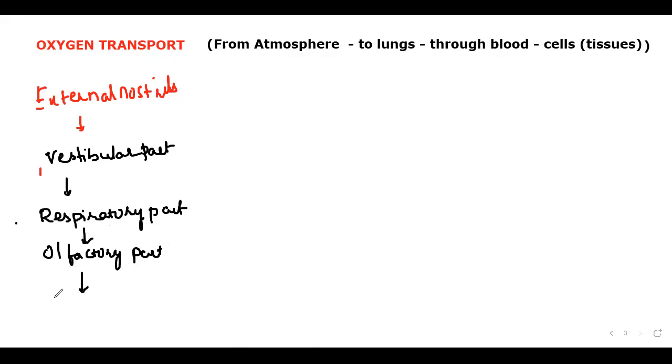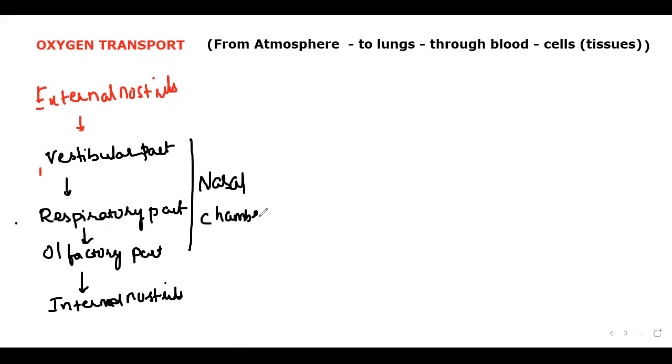Then the olfactory portion opens into the internal nostrils. Vestibular, respiratory, and olfactory together, what do you call it collectively? Nasal chamber.